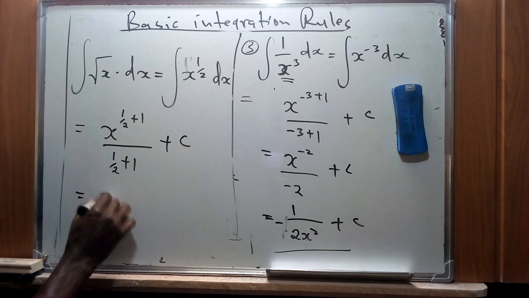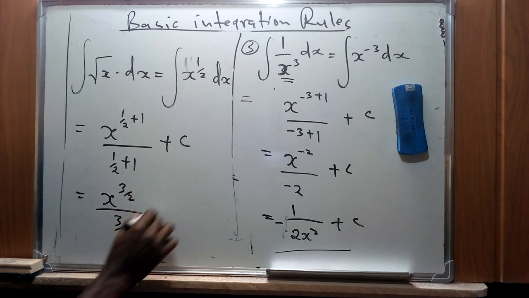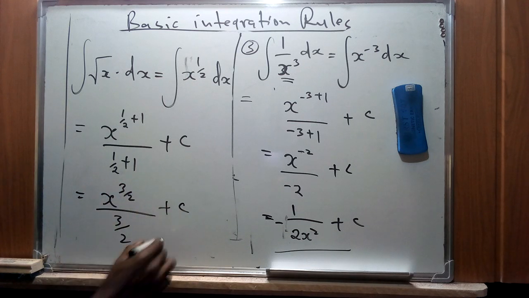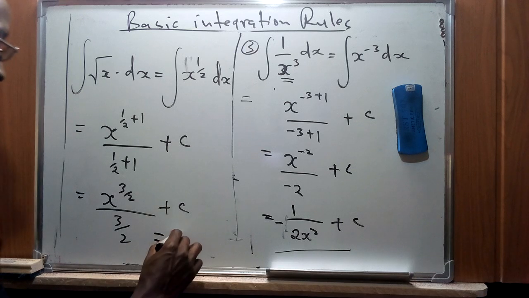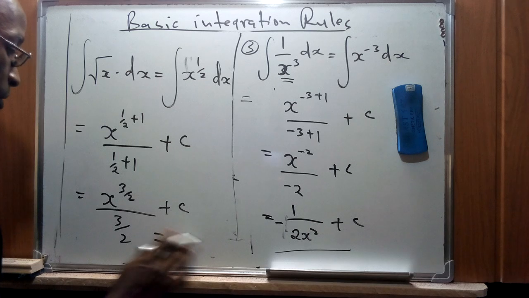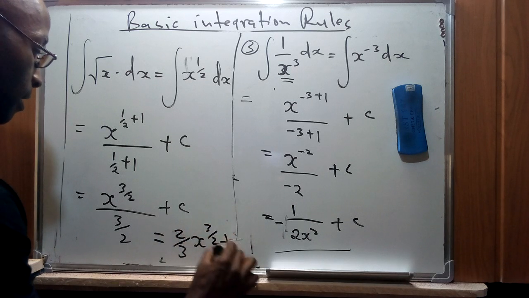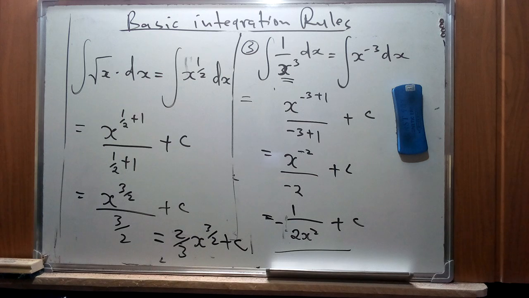So this is going to be x to the 3 over 2 all over 3 over 2 plus c, which is going to give us 2 over 3 x to the 3 over 2 plus c. So that is going to be the answer for that.